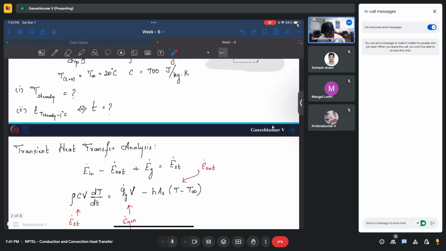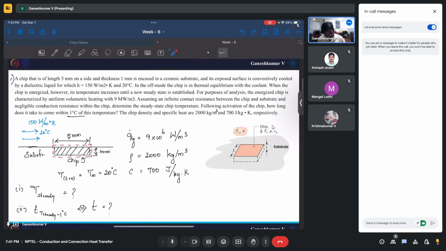Now, we should remember one of the assumptions that we made: that the contact resistance between the chip and the substrate is very high, right? Which means none of the heat is traveling from chip to substrate, but in reality that will not be true. Since the chip is 1 mm deep into the substrate, and also the substrate and chip are not going to have infinite contact resistance.